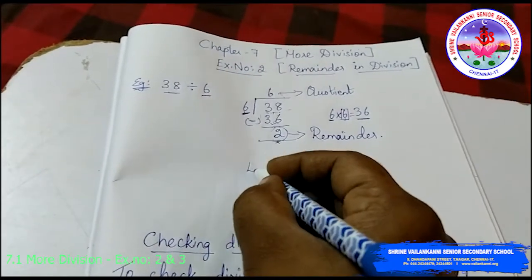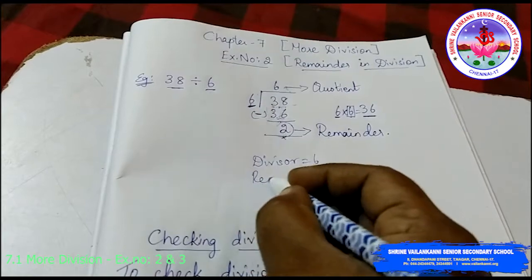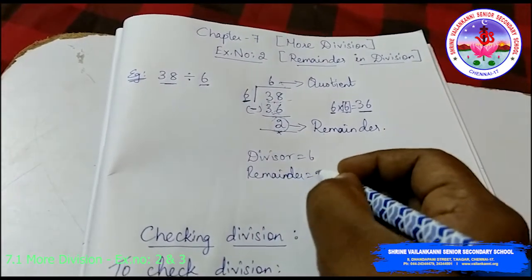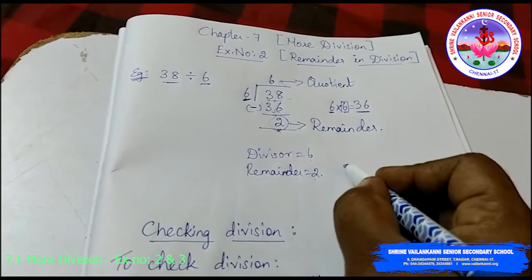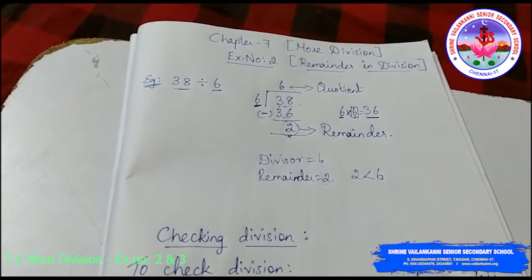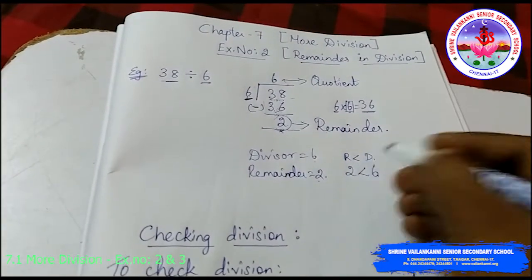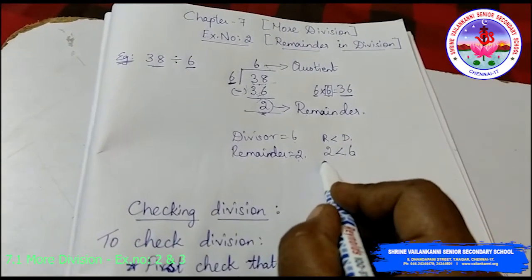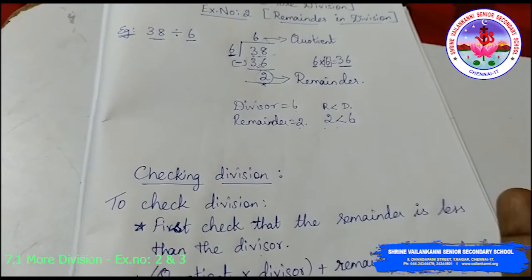The divisor is 6, the remainder is 2. Obviously the remainder is lesser than the divisor.